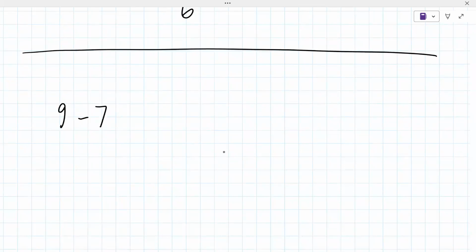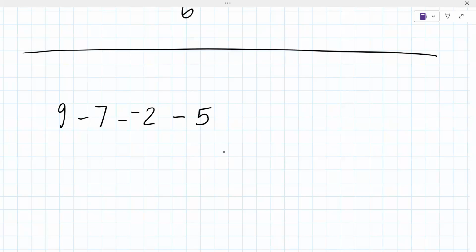9 minus 7 minus a -2 minus 5. Wait a minute. So 9 plus -7, subtract -2 plus -5.